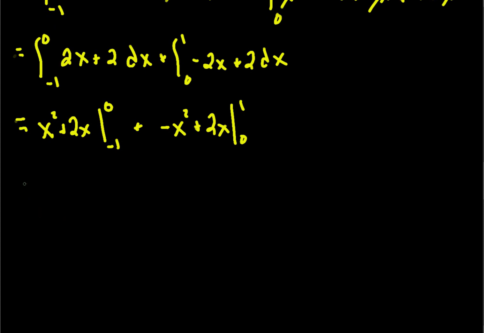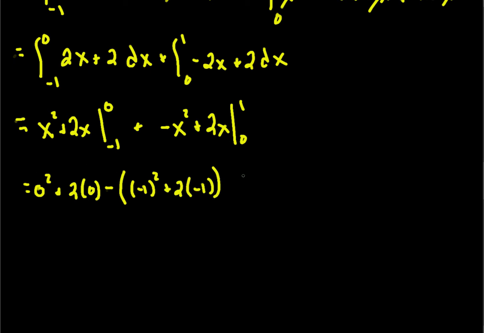So here the upper bound is 0, so that's all 0. I'll write it out. 0 squared plus 2 times 0, that's 0, minus -1 squared plus 2 times -1.